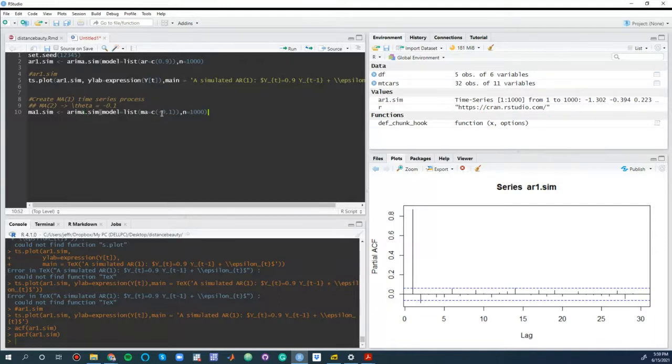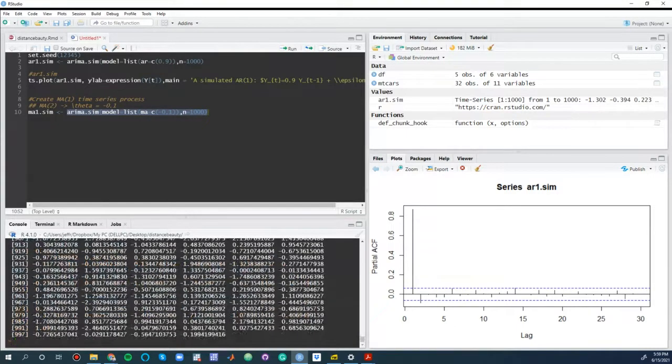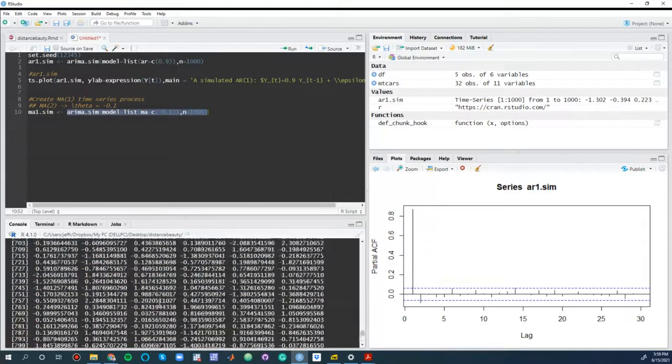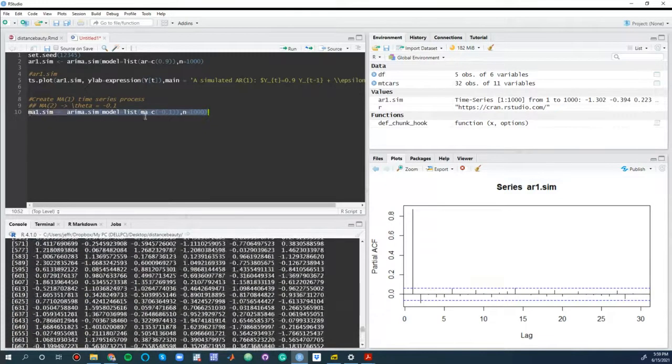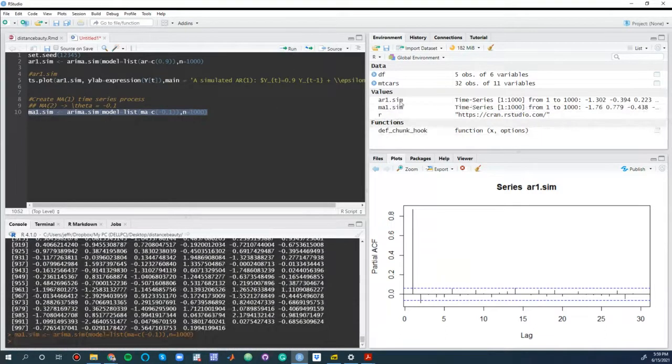I make the coefficient of the MA1 equal to 0.1. This is my code to simulate 1,000 observations of the MA1 model. If I type this, you will see 1,000 observations here. And if we assign it a name, ma1.sim, it looks like this. Now I have another series called ma1.sim.